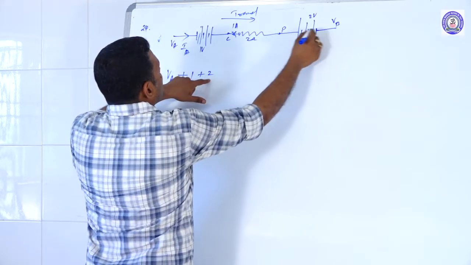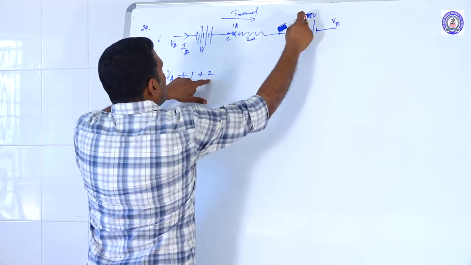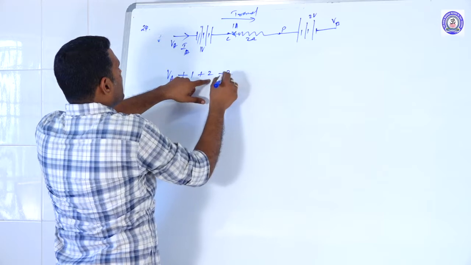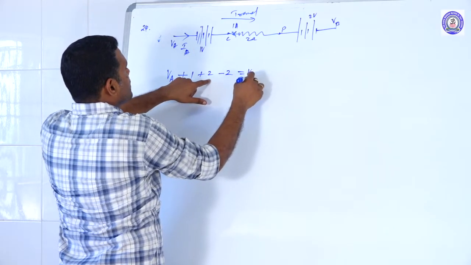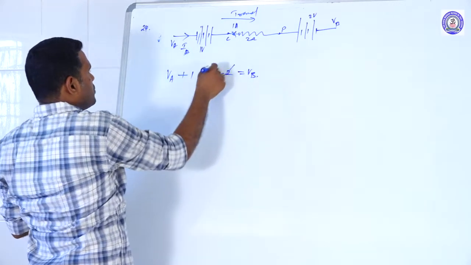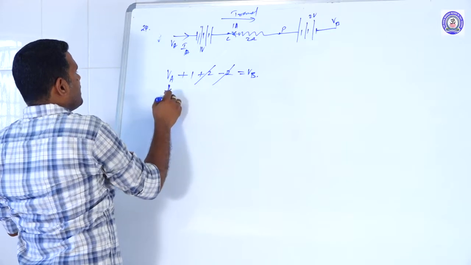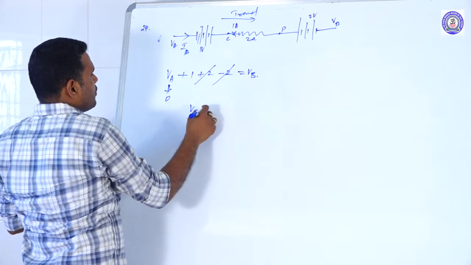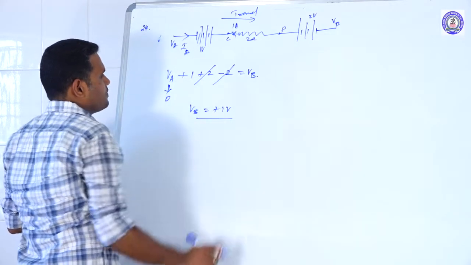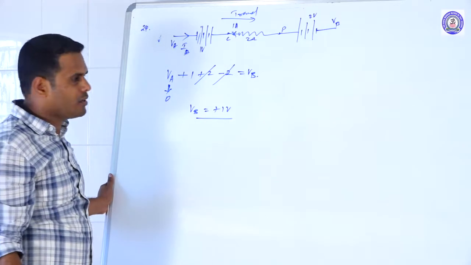Then as I go from this point to VB, high potential to low potential, so negative, minus 2, this is equal to VB. So minus 2 plus 2 cancels out, VA is given 0 potential, so VB equals plus 1 volt.